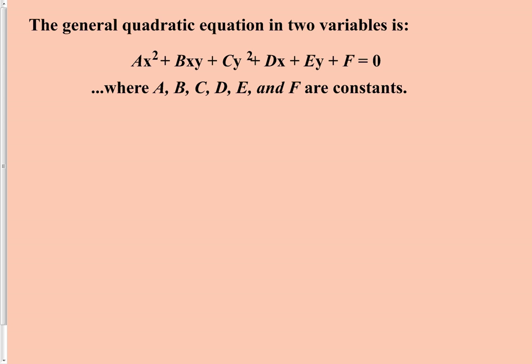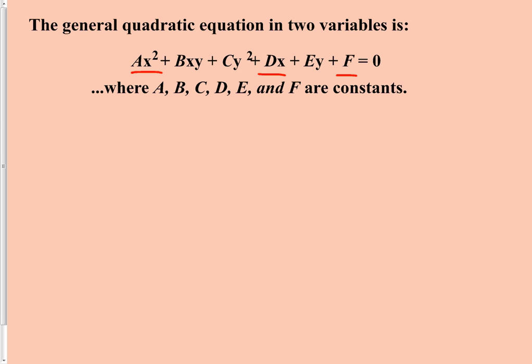And the good thing about constants is that sometimes constants equal 0. If you really get to thinking about it, the quadratics that we did back in December and January, we had an A term, we had a D term, and we had an F term.